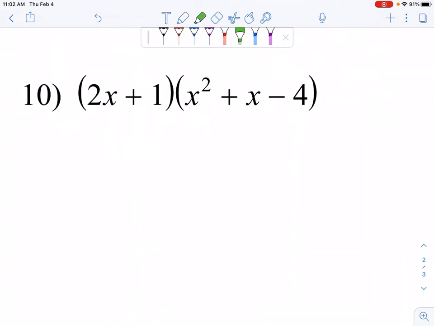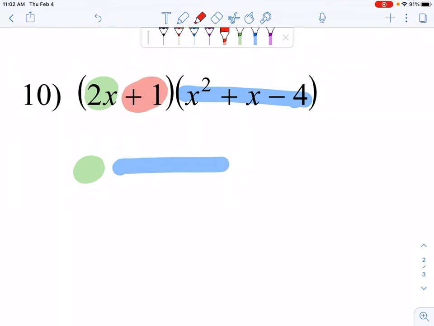So for expanded, we take our first term times the whole group, and we take our second term times the whole group, okay?